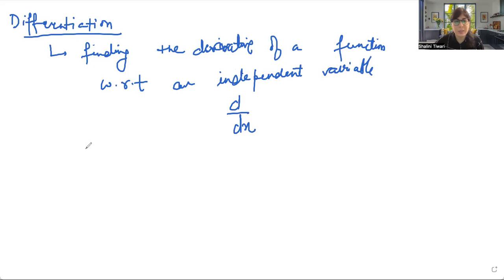X is the operator here on which we are doing the differentiation, with respect to which we are doing the differentiation.